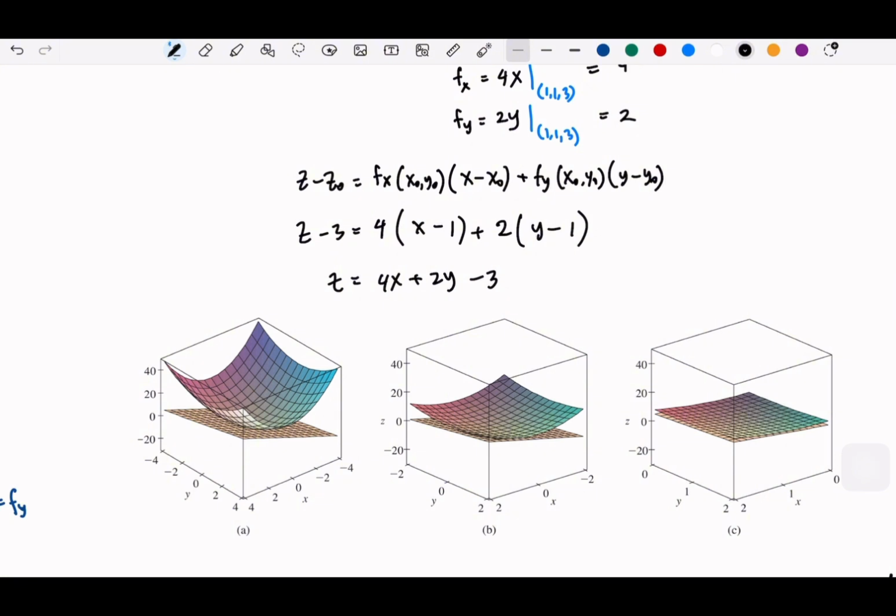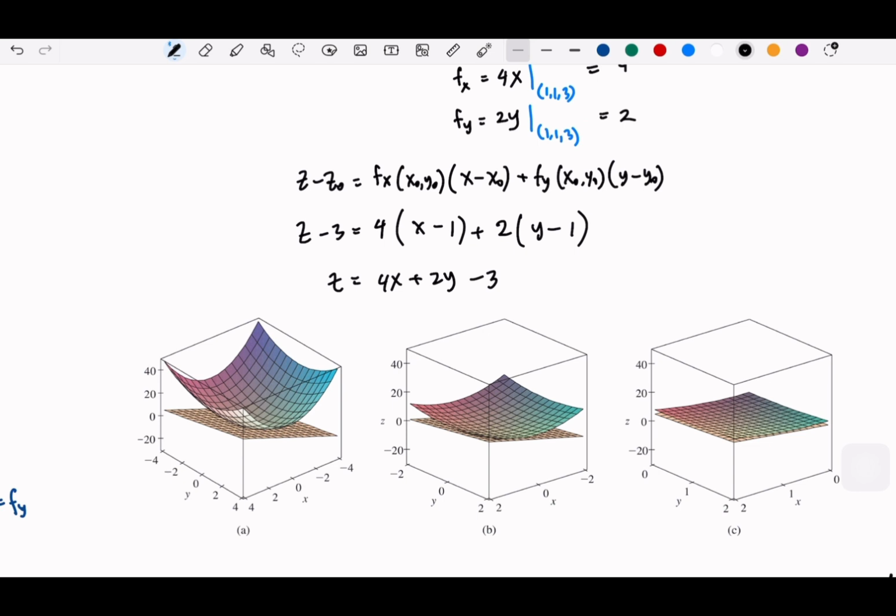In the next part, we can see that we can approximate the surface with the plane. So we can approximate a function of two variables with a plane equation.